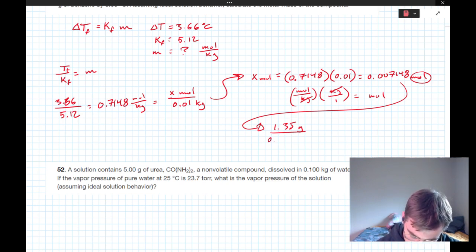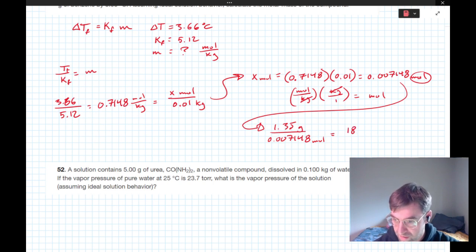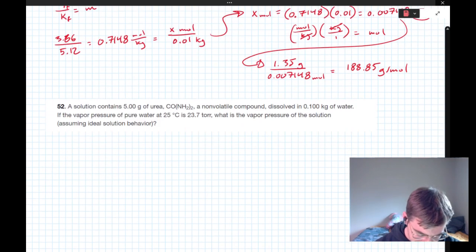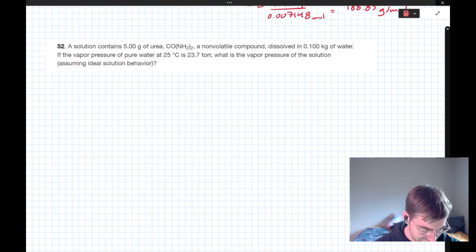We divide that by the number of moles calculated, gives us 188.85 grams per mole. And bonus points if you go online and find out what that is, and leave it as a comment. Alrighty.